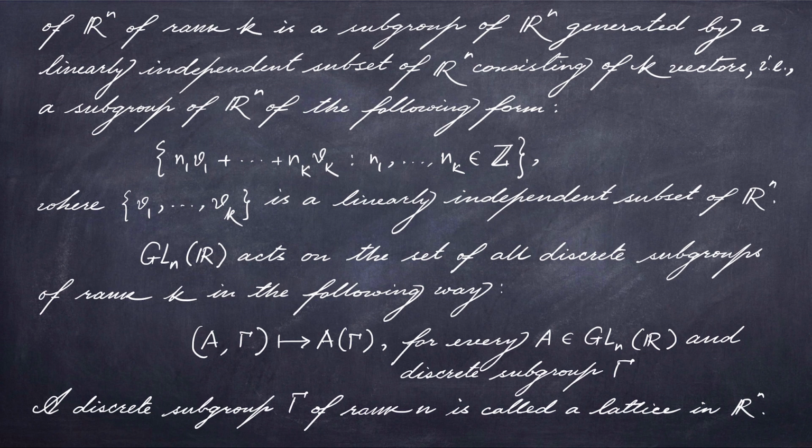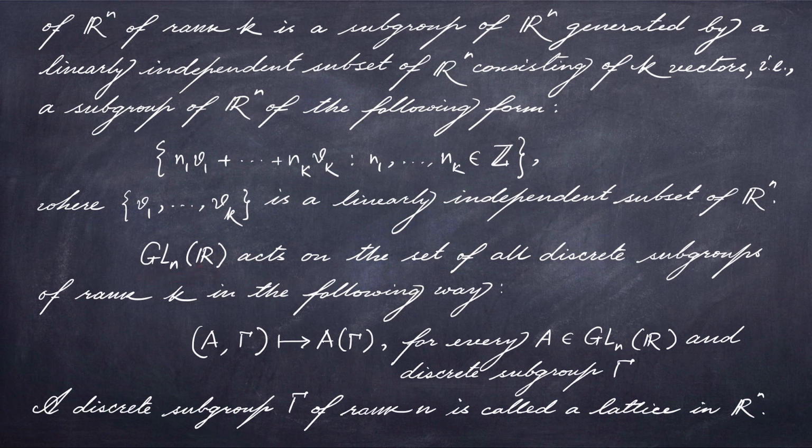That is, by a discrete subgroup of Rn having rank k, we mean a subgroup of this form where v1, v2, ..., vk is a linearly independent subset of Rn.